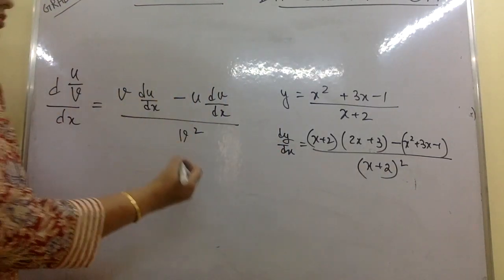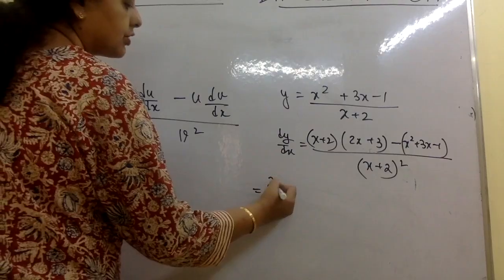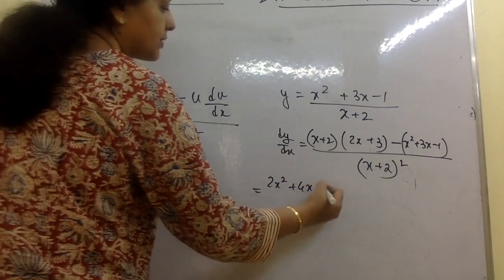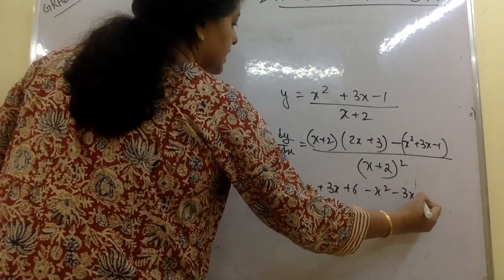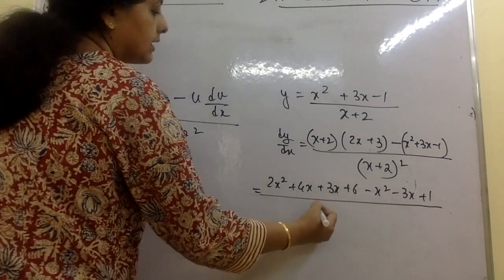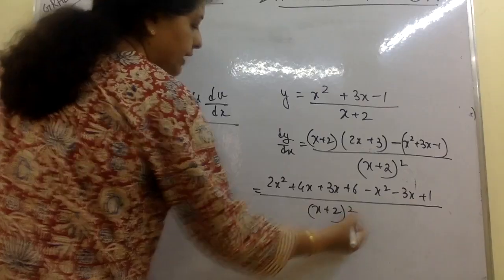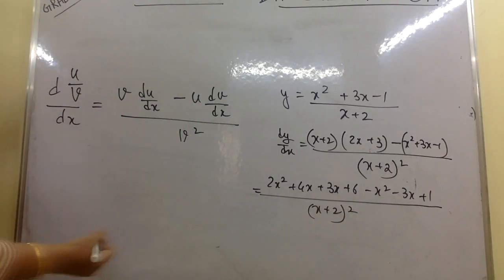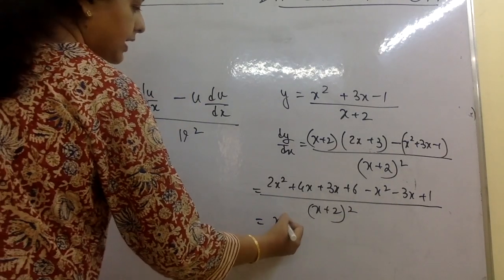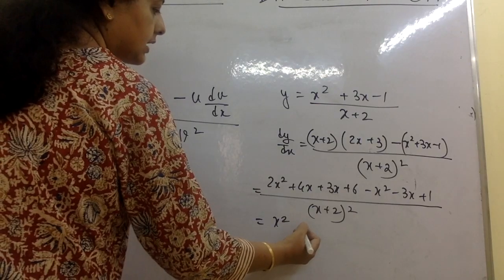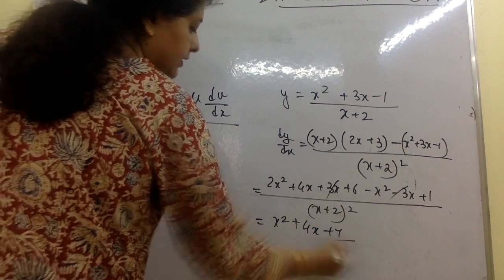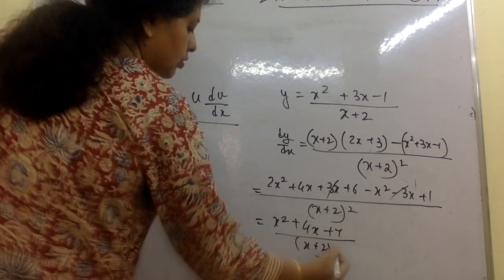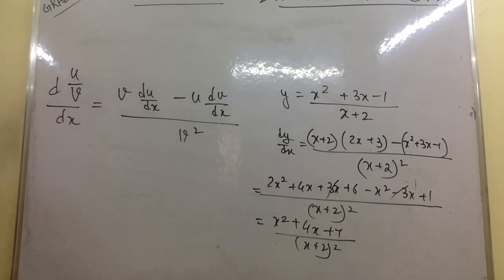Now we need to do a little bit more simplification. 2x square plus 4x plus 3x plus 6 minus x square minus 3x plus 1, by x plus 2 whole square. Now that is equal to, I can see one x square, and I can see plus 4x plus 7, by x plus 2 whole square. So this is the answer.